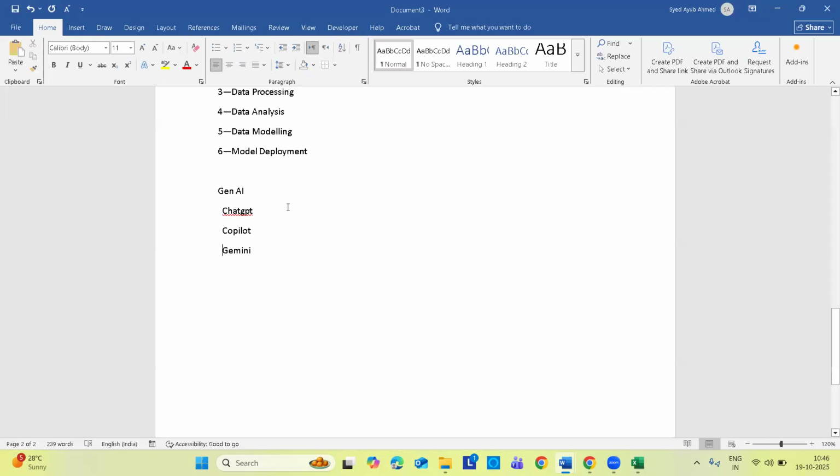That is developed by OpenAI. These things are connected with GenAI, falling under the umbrella of GenAI.